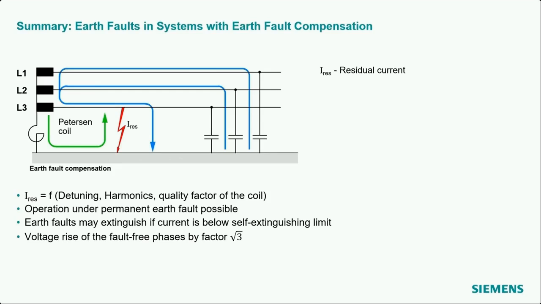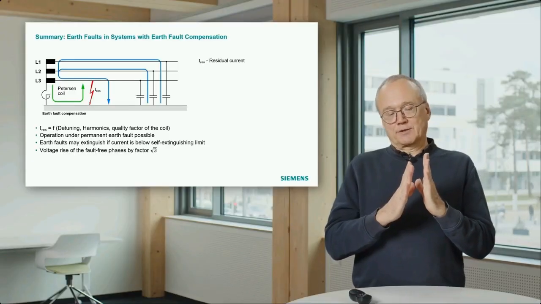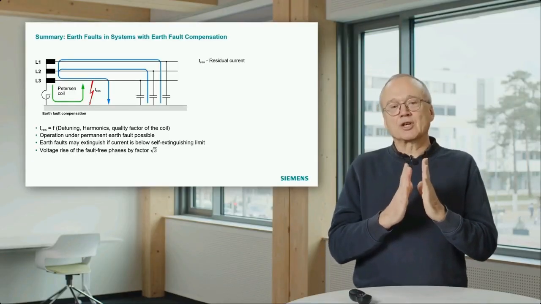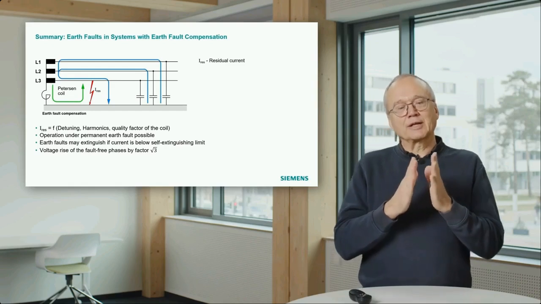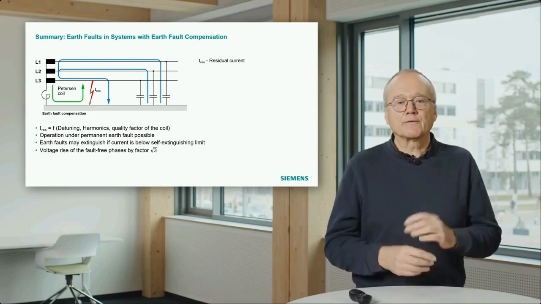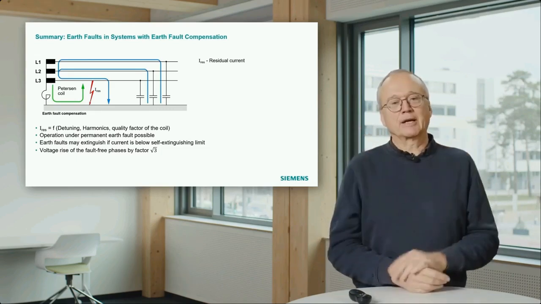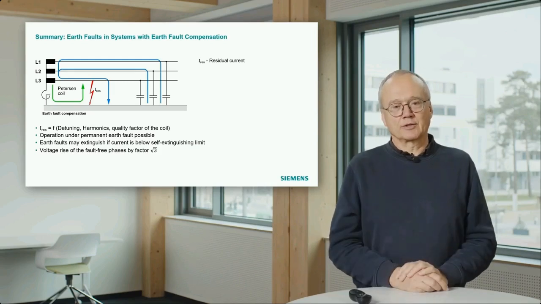That means the phase L3 voltage drives a current through the earth fault and the coil. That is the green current in this case. These two currents are of opposite phase, so they compensate each other, and the current at the fault point is nearly zero. So that is a different way to understand how this situation works.